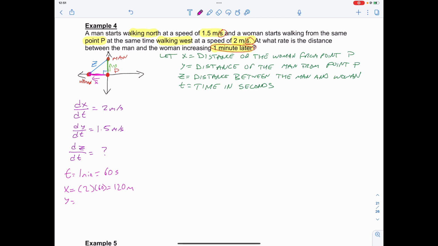My y is going to be that 1.5 times time, which is 90 meters. And my z, because I know my x and my y, is going to be the square root of 120 squared plus 90 squared, because it creates a right angle triangle and the z is the hypotenuse, which is going to give me 150 meters. So because it told me my speeds and my time, I can use that to figure out what distance they currently are.